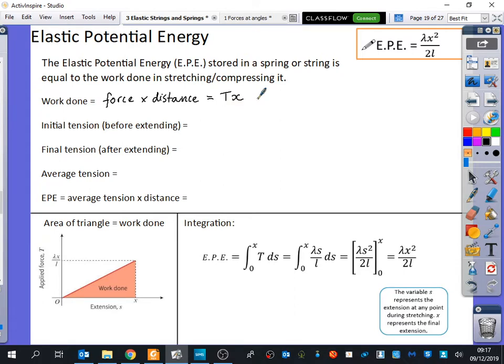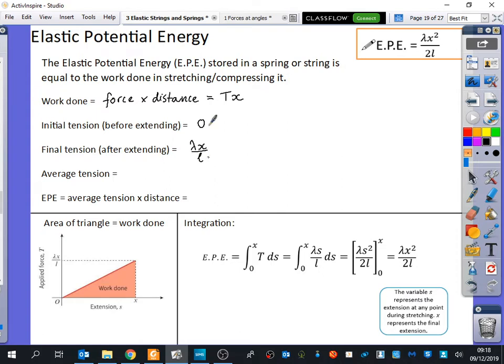Let's talk about extending rather than compressing. Before you actually stretch it, what is the initial tension in the string? 0, because it's not being stretched at all. The final tension after it's extended x will be lambda x over L.